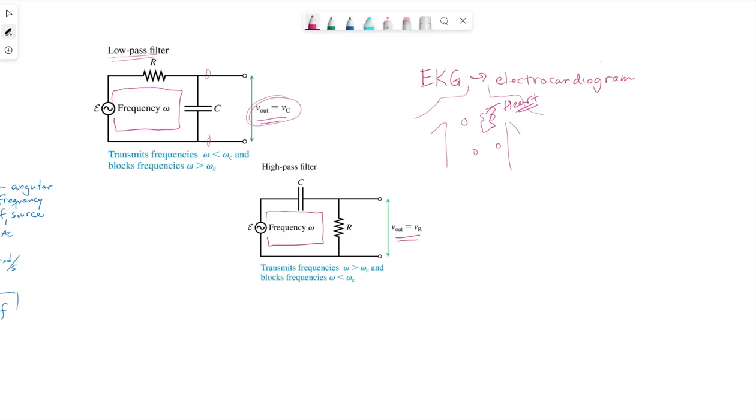So what's happening is these leads are connected to a monitor. Our hearts are beating because of electrical pulses. So there's actual electrical currents that flow through our hearts and cause them to beat. So when we connect these leads to the equipment, we want to be able to see the heartbeat on the monitor.